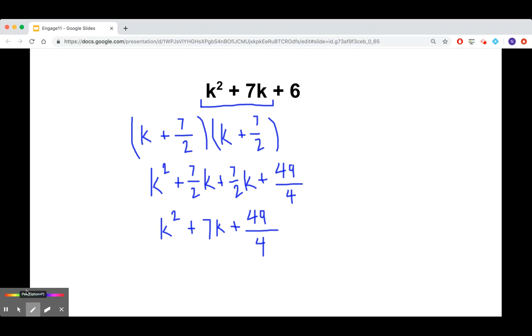Just like our last problem, I'm going to want to convert my integer 6 to an improper fraction over 4 so that we're working with the same denominator. We'll end up with 6 times 4 equals 24 over 4.